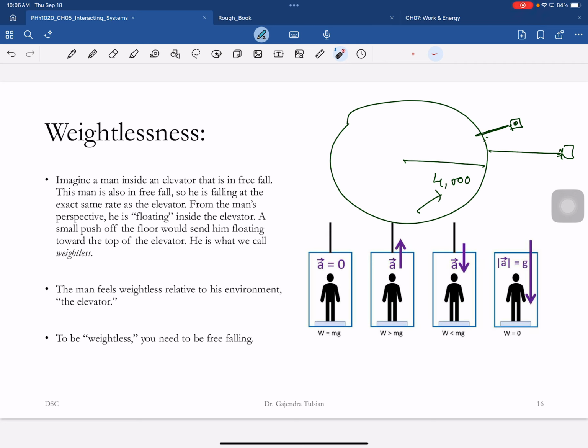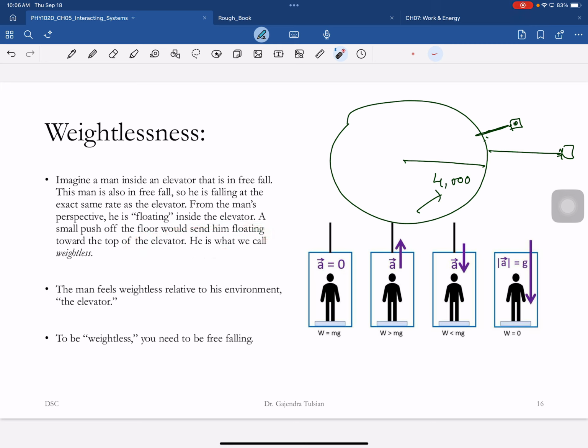You're falling with the same acceleration. The only force acting on you is the force of gravity. In this environment you will feel weightless because you can move anywhere in there without applying any force, essentially. A small push off the floor would send him floating towards the top of the elevator.